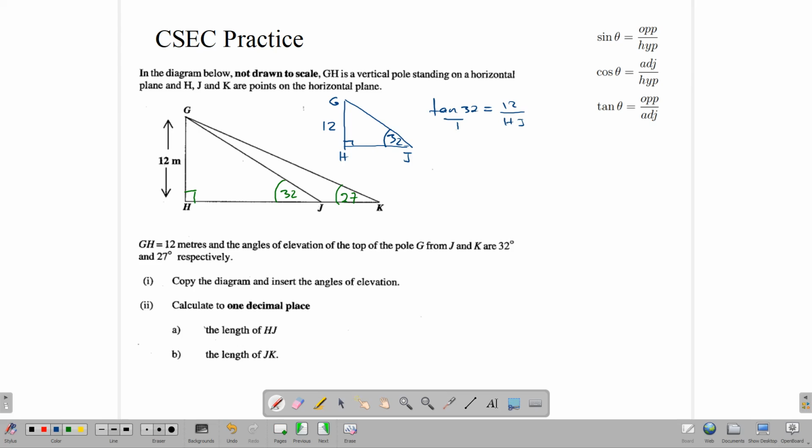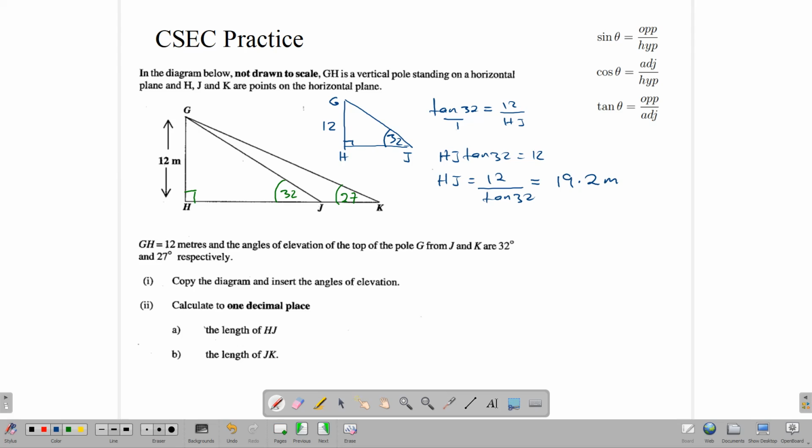Do a cross multiplication here and we see that HJ times tan 32 is equal to 12, and dividing both sides by tan 32 we end up with HJ is equal to 12 divided by tan 32. We can plug this into our calculator. 12 divided by tan 32 is 19.2. It's meters, so let's just write that, 19.2 meters.